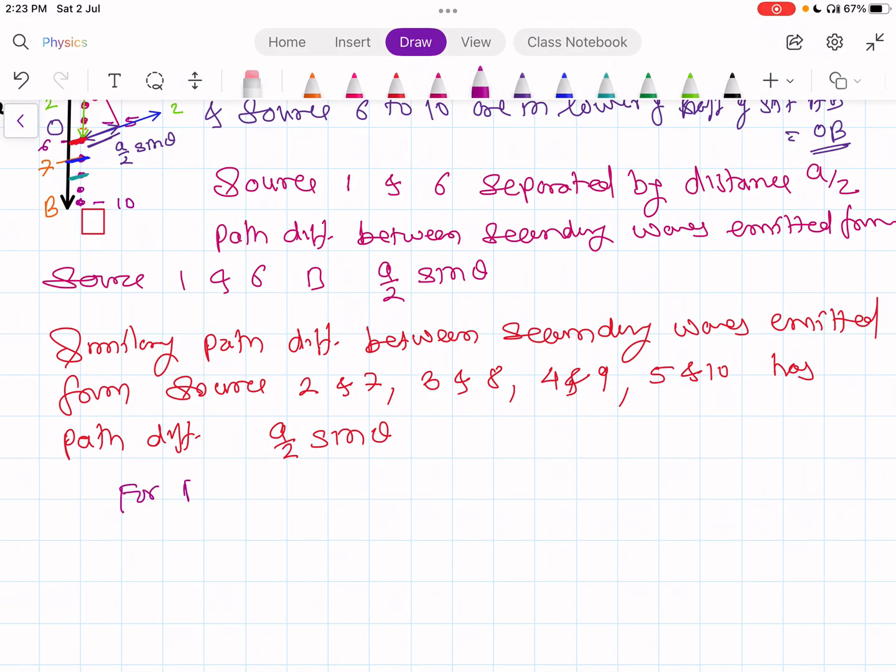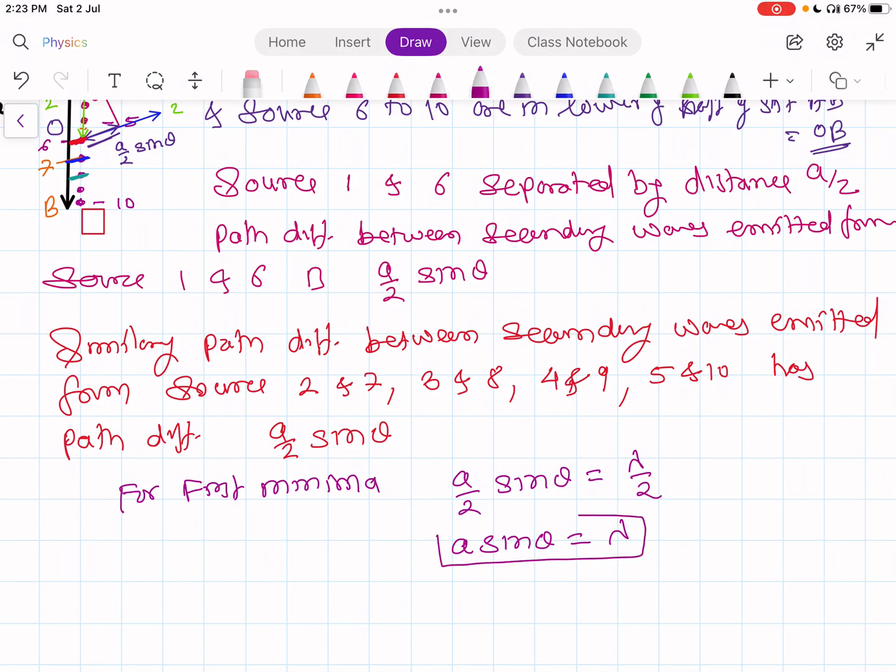So for first minima, we know that the path difference is a/2 sin θ. And when this path difference a/2 sin θ is equal to λ/2, we will get the first minima. This equation we can write as a sin θ = λ. So this is the equation for the first minima.